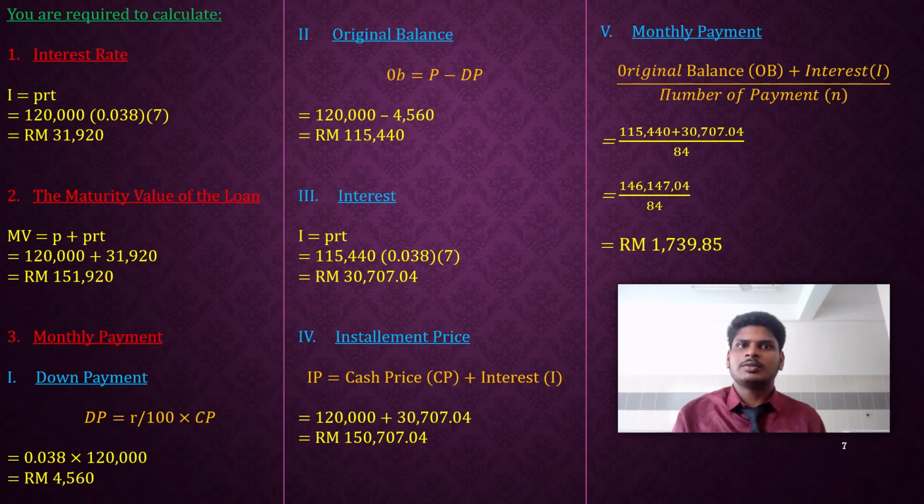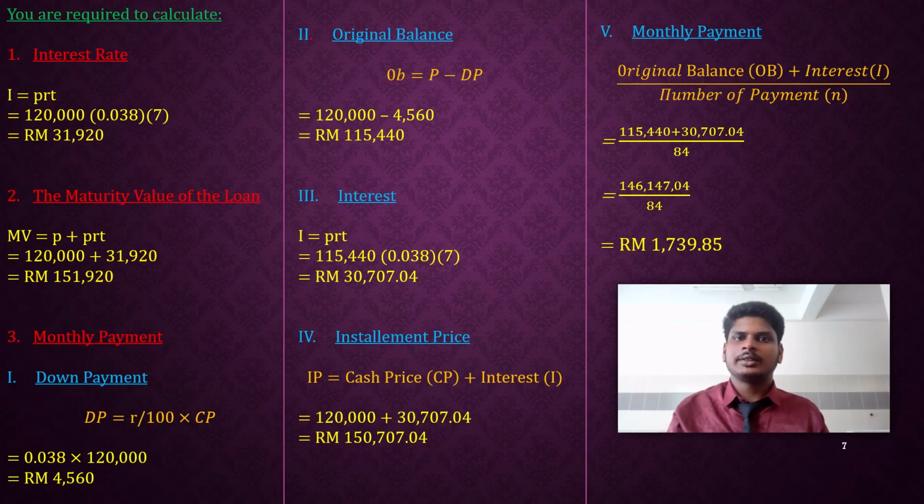Subtracting this from the car price gives us the original balance OB. OB equals P minus DP, principal minus down payment, equals 120,000 minus 4,560, which gives RM115,440. This is the amount Najmi actually borrowed from the bank.